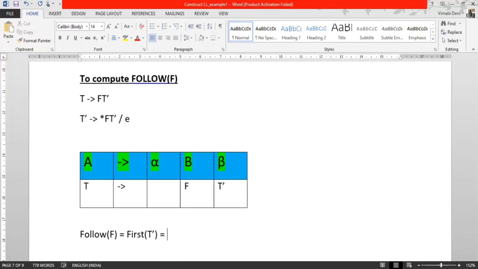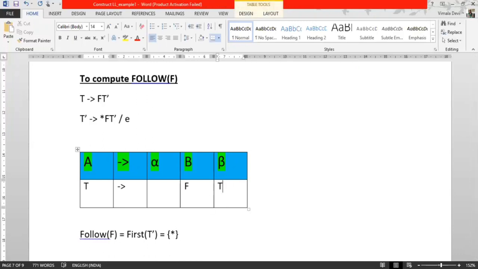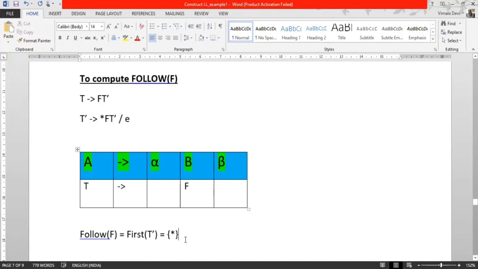What is first of T'? In fact it is nothing but star as well as epsilon. But in the follow set we can't update epsilon, right? So what do we need to do? Remove this epsilon from the follow set. At the same time, replace this T' by epsilon. Now this is the resulting rule. If you explore this rule, how do you compute the follow set? Very simple.